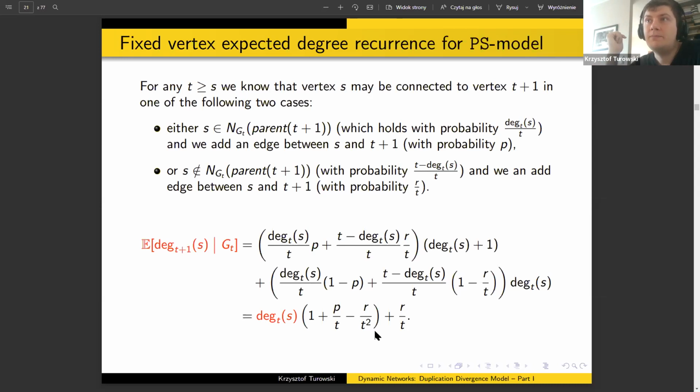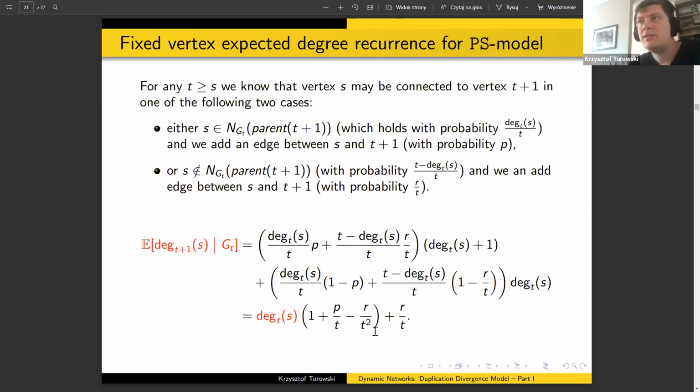Either S at time t+1 becomes the parent, is included in the neighborhood of the parent, and of course, it is proportional to the degree of vertex S in the previous iteration. And then with probability P, we add an additional edge. This is the first case in which the degree of a vertex S can increase by 1.